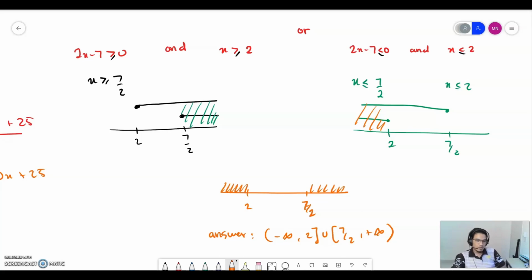So we keep the denominator, then we simplify the quadratic at the numerator, find the factors, and then you can use any of the three methods that I have told you: the table of signs, the real number line, or the basic concept.